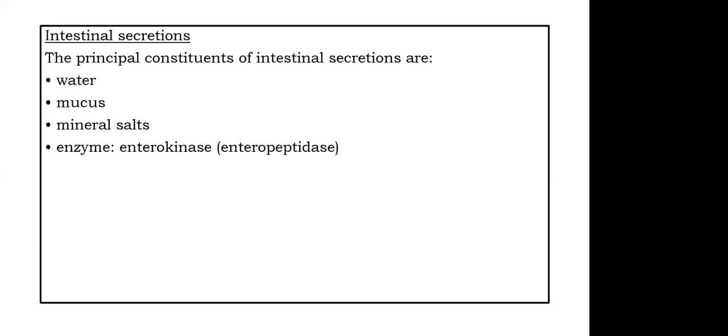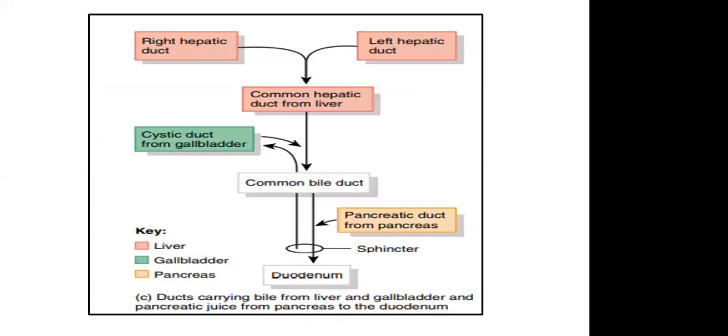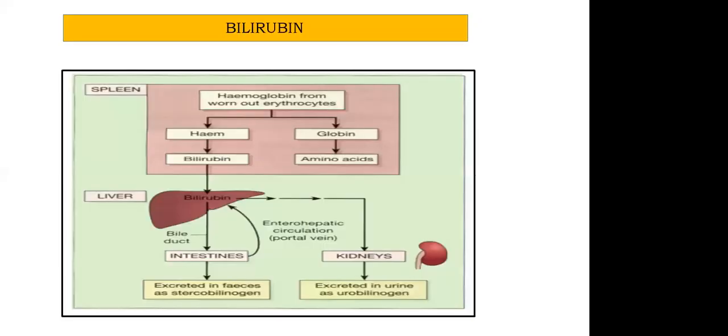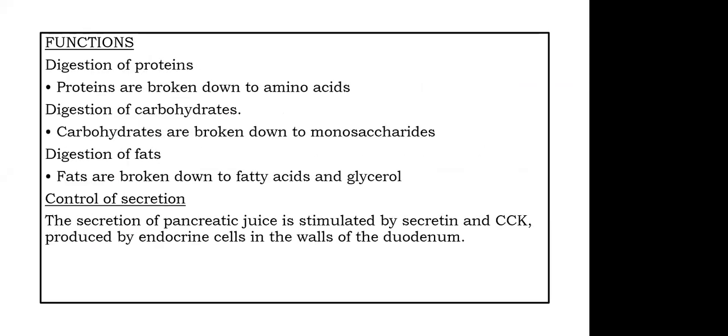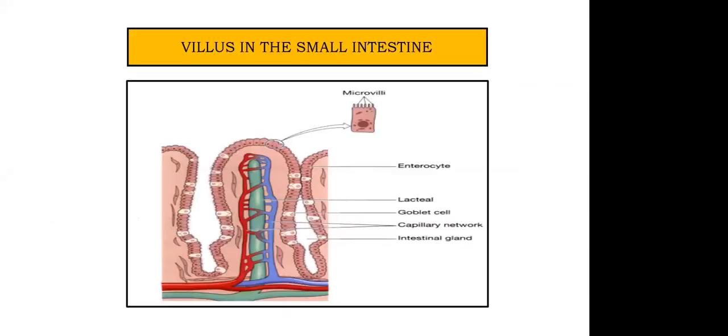And most of these digestive enzymes in the small intestine are contained in the enterocytes of the walls of the villi. I have shown you the structure of the villi. We can see it here. This is the enterocyte. Okay.